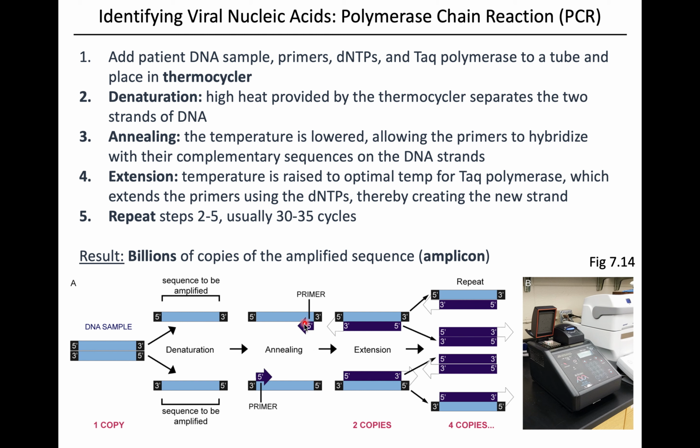So it's like a copy machine, right? So you put in, maybe some very small amount of viral DNA, and you get out billions of copies, making it very easy to see. So again, if your serum sample contained viral DNA, this amplification process via PCR would work. If it doesn't, then it won't.